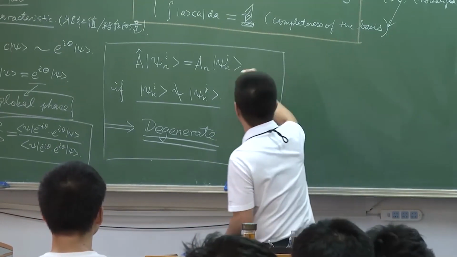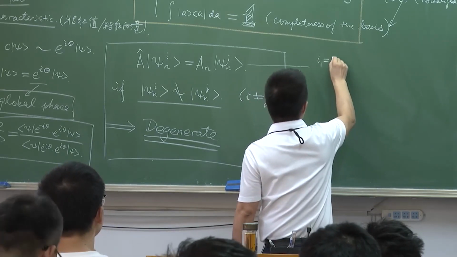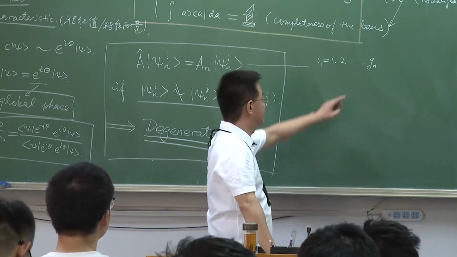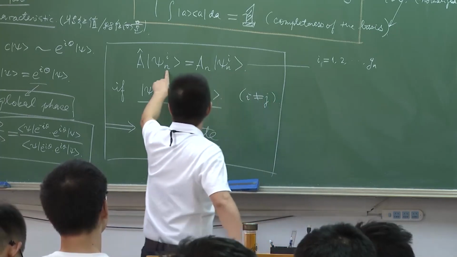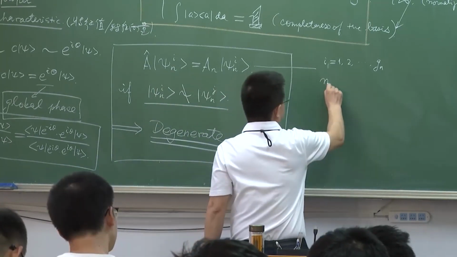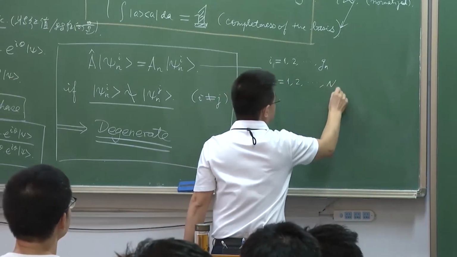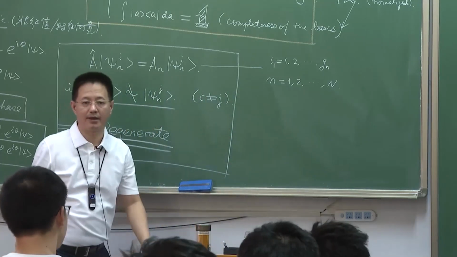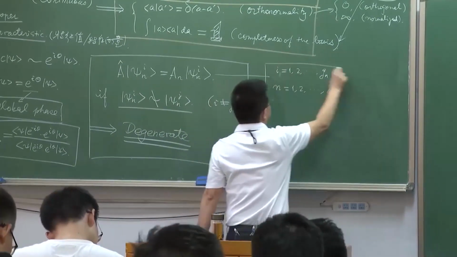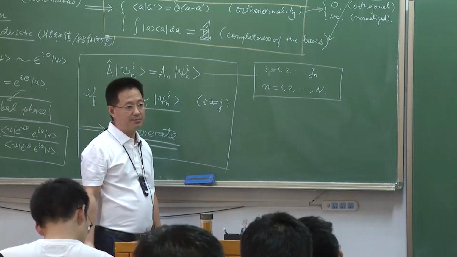And normally for this, i is equal to 1, 2, up to g_n. It is connected with the value of n, because the eigenvalue here has the index n. And what is the value of n? n can be taken to be 1, 2, and so on. Suppose that you have altogether capital N values. And then you have the concept of the subspace.